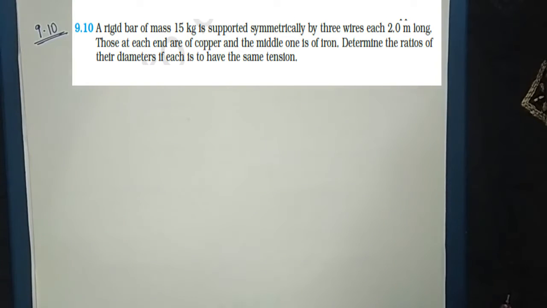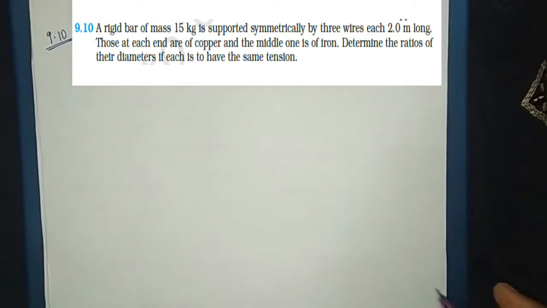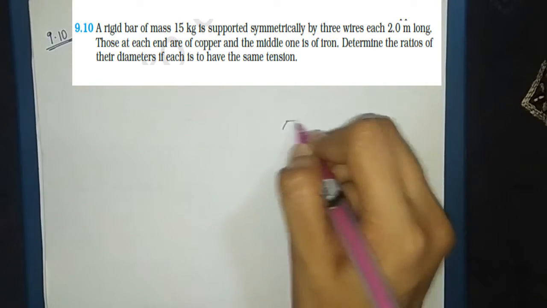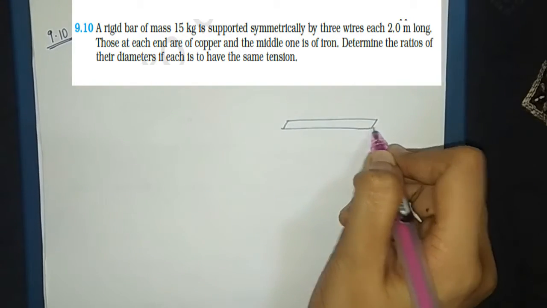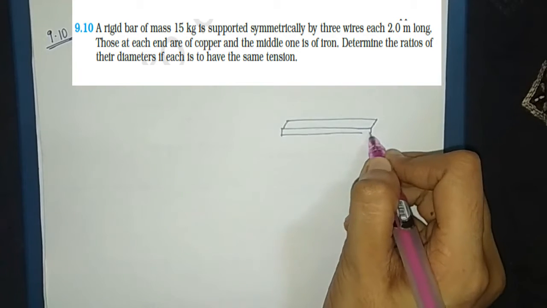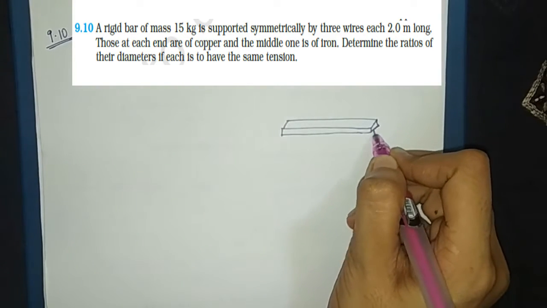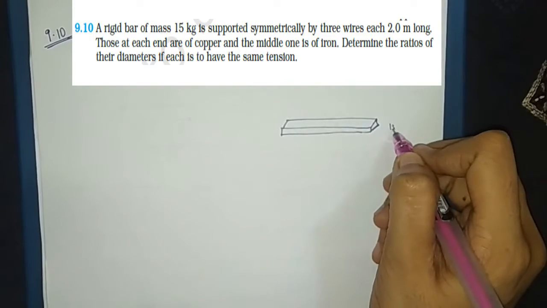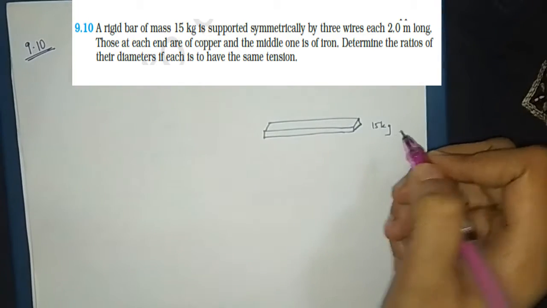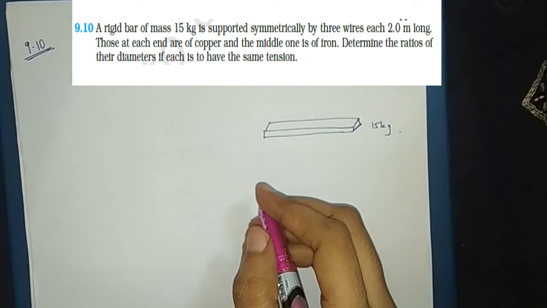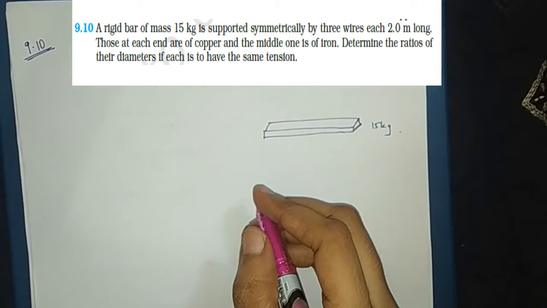What it says is a rigid bar of mass 15 kg is supported symmetrically by 3 wires, each of 2 meter long.